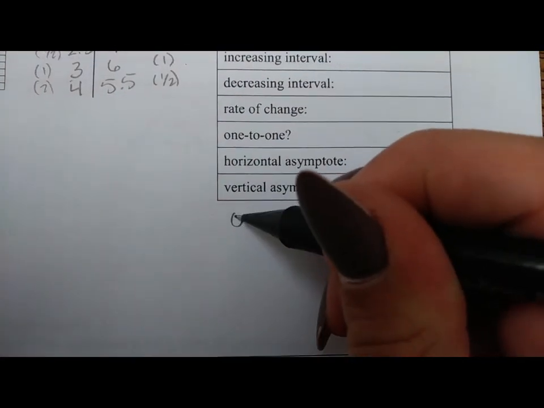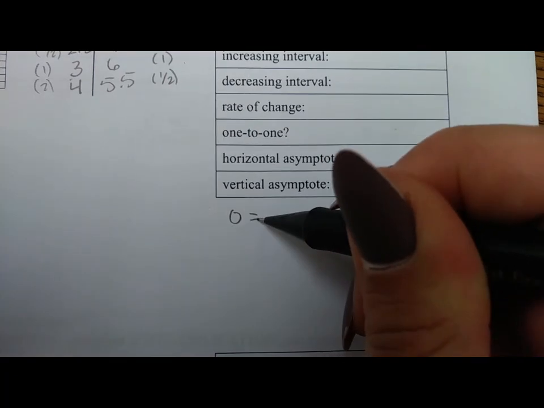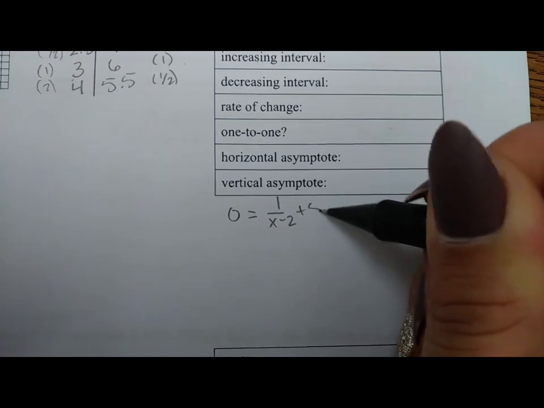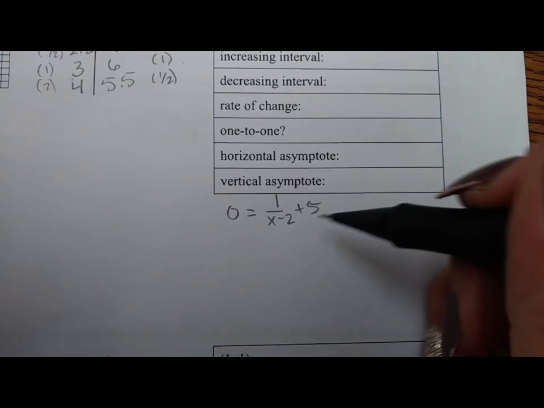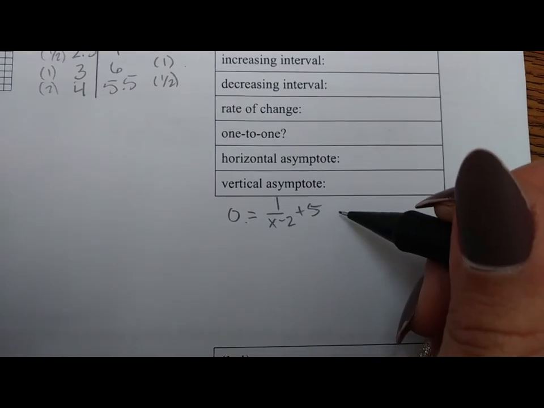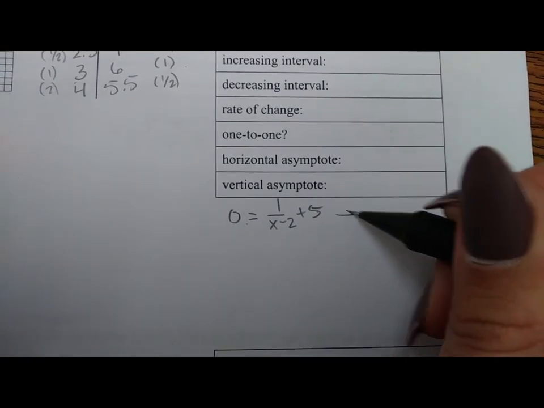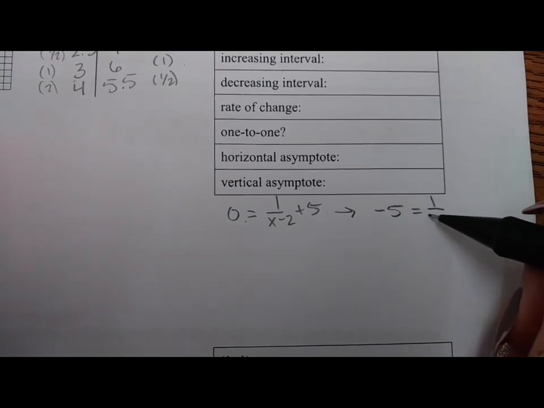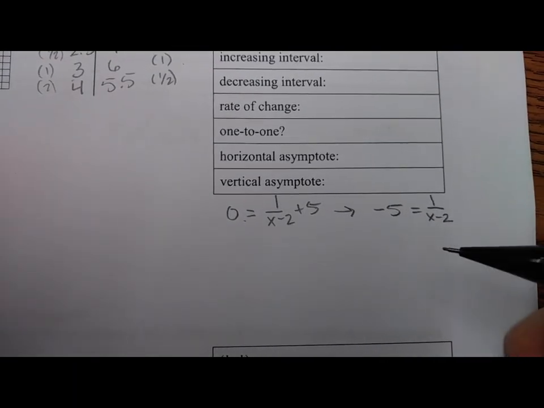We're going to set y to 0, and we're going to say 0 equals 1 over x minus 2 plus 5. So the first thing we have to do is throw that 5 over with subtraction. So now it becomes -5 equals 1 over x minus 2.